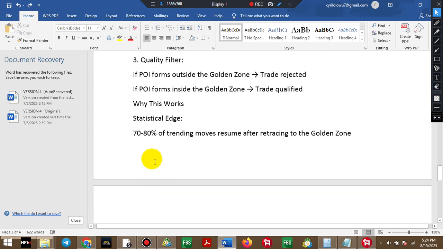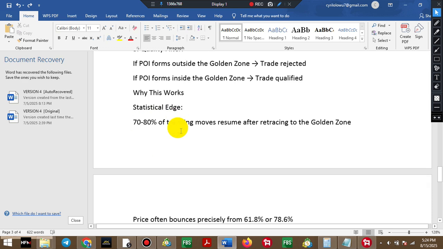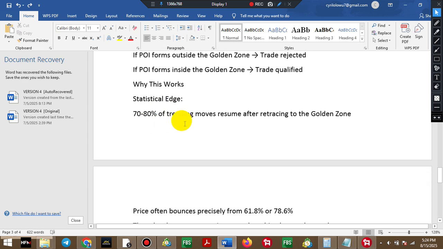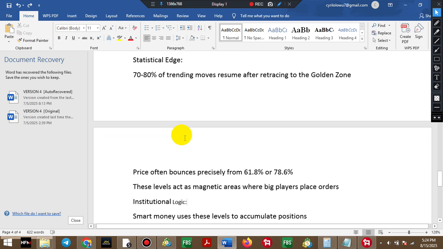Why does this work? Statistical edge. 70 to 80% of trading moves resume after retracing to the golden zone. So you can see that based on statistics, it is always certain that 70 to 80% of trades within that range will move or resume after reacting to that level.